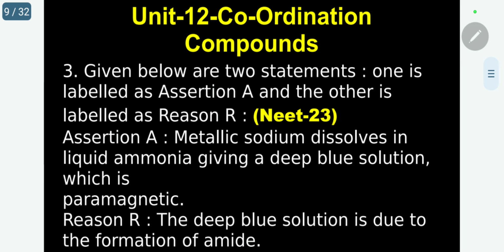Next question. Given below are two statements. One is labeled as assertion A and the other is labeled as reason R. NEET 23, third question. Kindly follow. So this is a question asked in NEET 23.